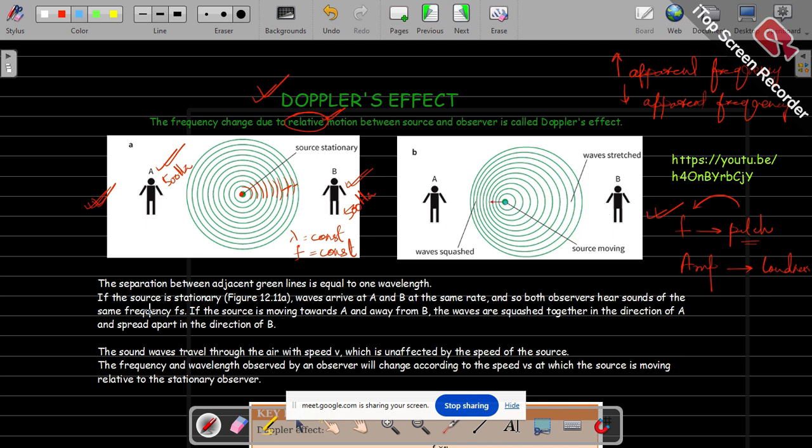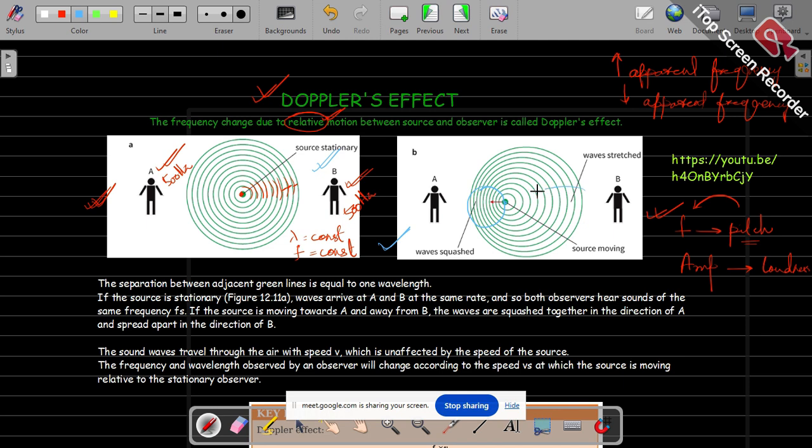Now see, it says if the source is stationary, waves arrive at A and B at the same rate. Clear? However, if the source is moving towards A and away from B, the waves are squashed together in the direction of A, that is, they are pushed together in the direction in which the source is moving.